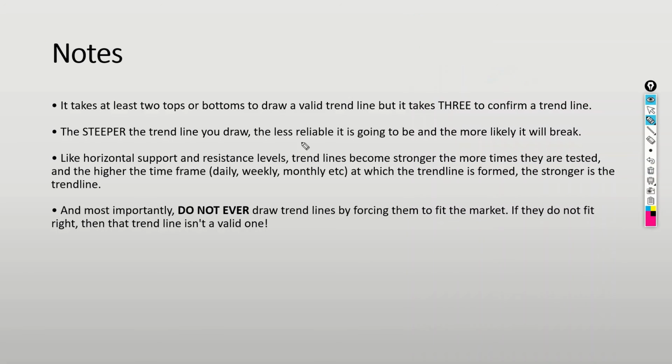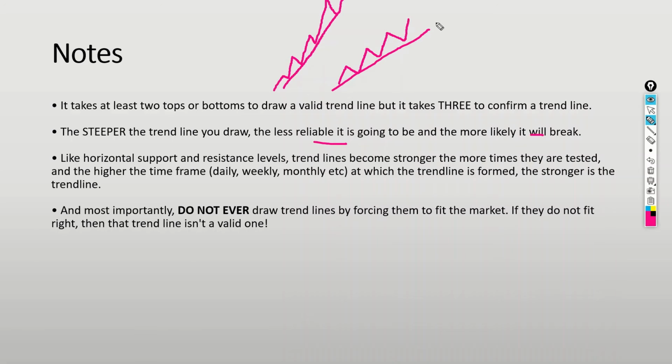Okay. So the steeper the trend line you draw, the less reliable it is, and the more likely it will break. If price moves in this format, and you draw a trend line like that, that one is too steep. This one is less reliable compared to one which is smooth at around 45 degrees, like that one.